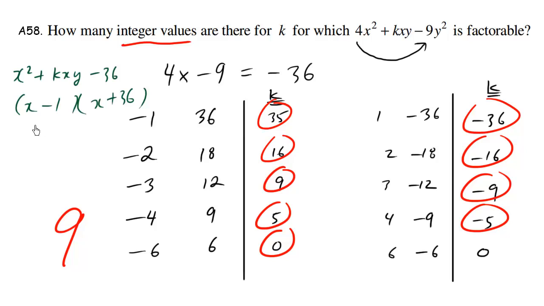And when we FOIL, we multiply the last two things to generate this number here, which works out, and we do the outside and the inside to determine the middle term, which is going to be kxy.